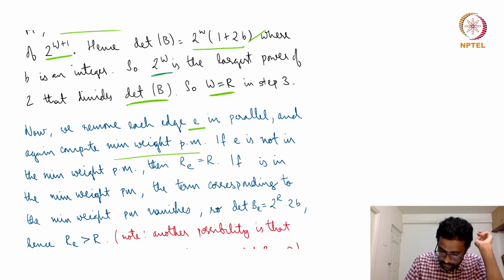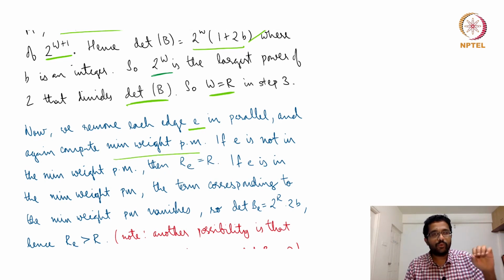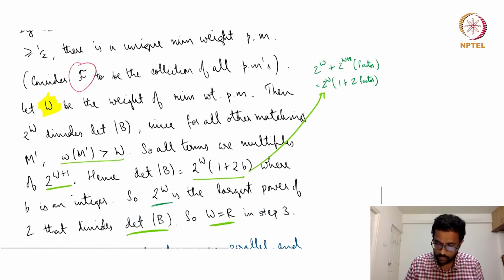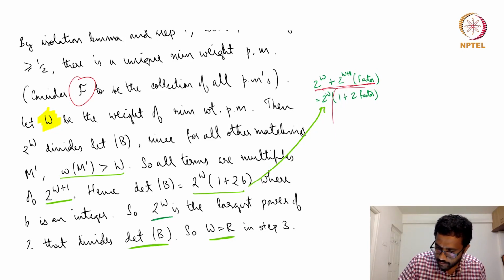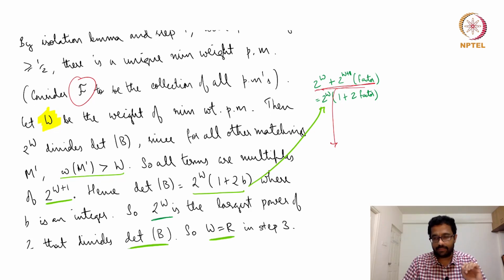If E is in the unique min weight perfect matching, then that matching is now losing an edge. So in this summation over here, this 2 power w will go, because that one edge that is part of this 2 power w is now being removed. So this will now become 2 power w plus 1 into the factor.